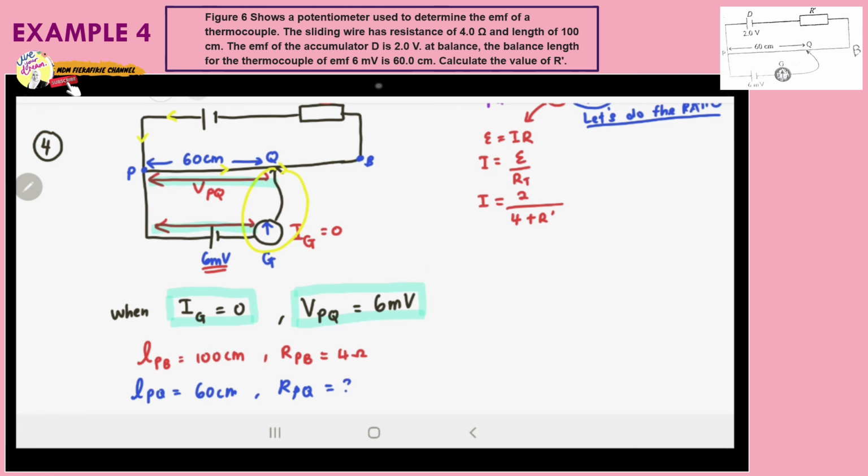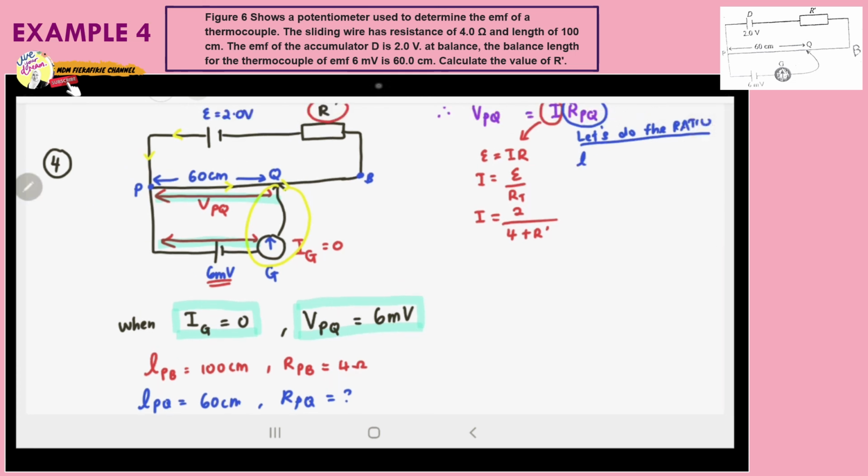So let's do the ratio. Let's divide LPB over LPQ equal to RPB over RPQ. Finally we can write RPQ is equal to LPQ over LPB times RPB.